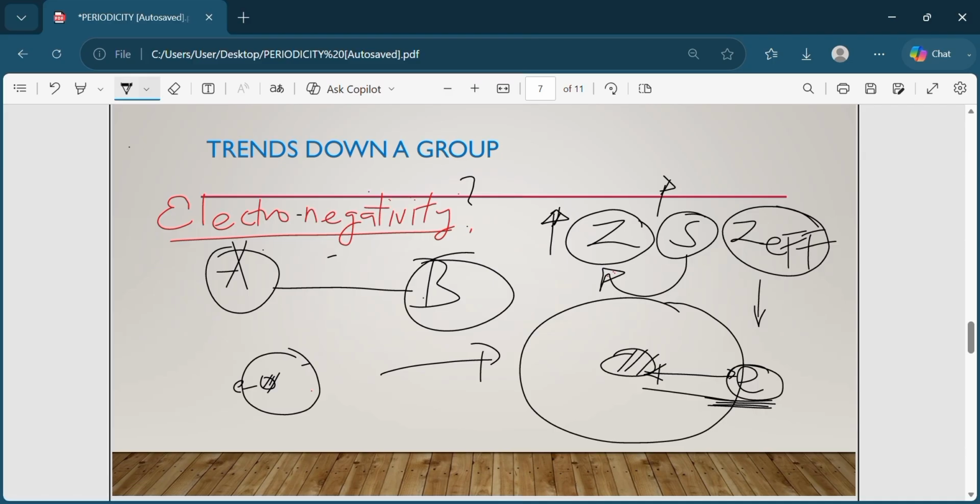So this is it. As we are moving very far away, you realize that our electronegativity will be seen to decrease.